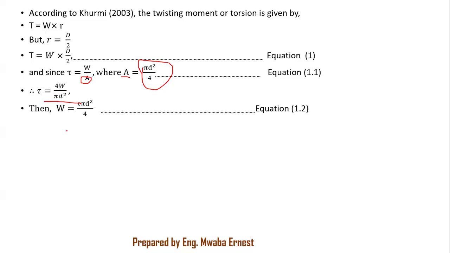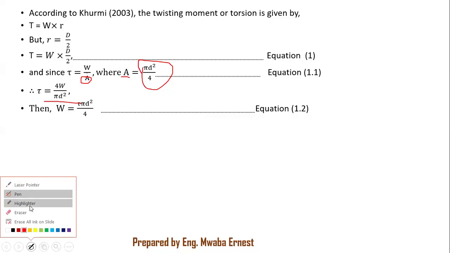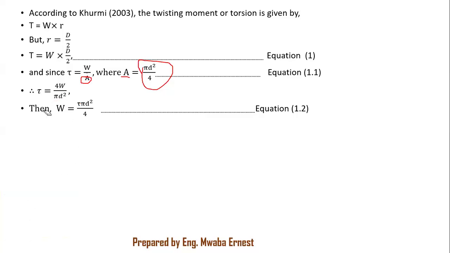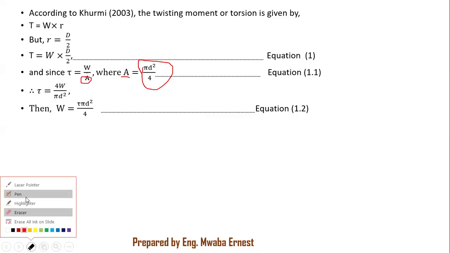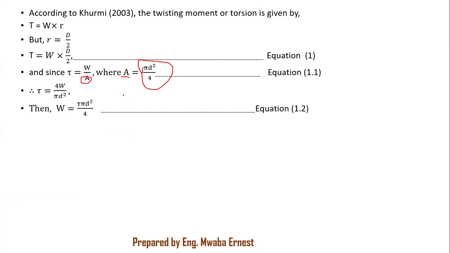Then therefore, if you make W the subject this time around, it will be shear stress times pi d squared over 4. In other words, we've always said that whenever you want to get your force, it's supposed to be stress times the area. So in this case, our force, we're using W.